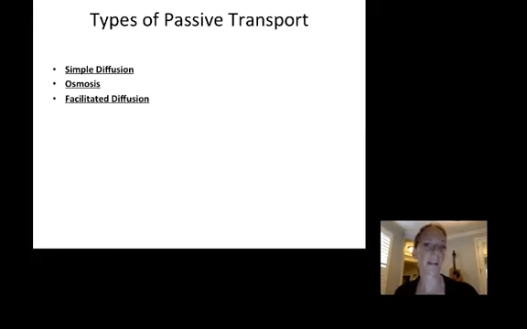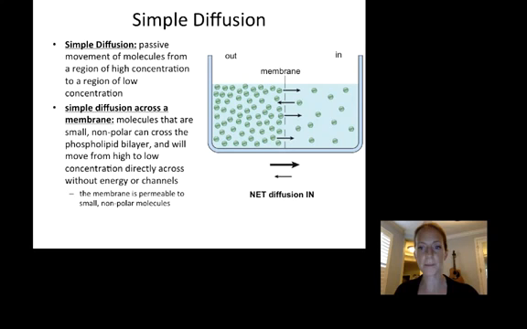So now that we understand gradients, let's talk about passive transport, because passive transport uses the energy from gradients to drive transport. First, simple diffusion. Simple diffusion is passive movement of molecules from high to low. So this is our simple concentration gradient or our simple highly positive gradient example.